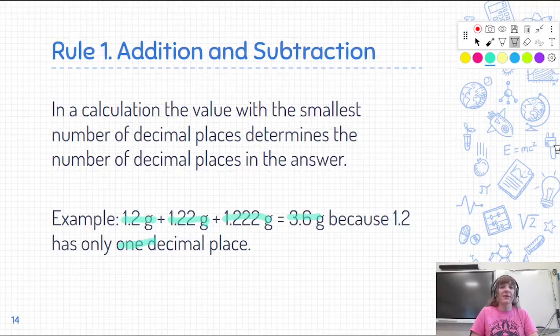So even though these other numbers here have multiple decimal places, we cannot use those decimal places because the smallest one is this one right here. This is the smallest accuracy that we have to work with.